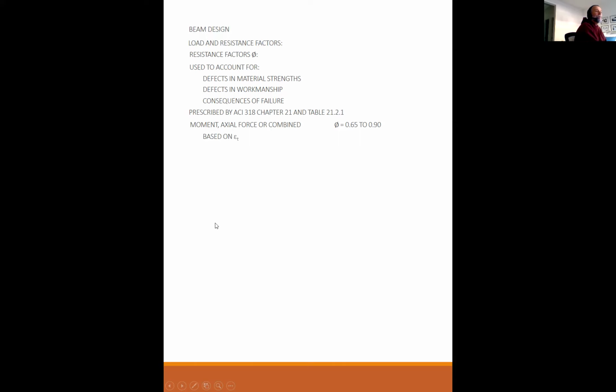That is based on epsilon sub t. If epsilon sub t is less than 0.005, then phi is this linear expression for what's known as the transition zone, where epsilon ty is Fy over E sub s. So this is the yielding strain.